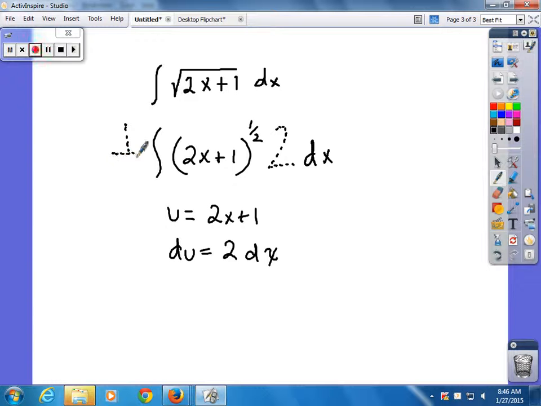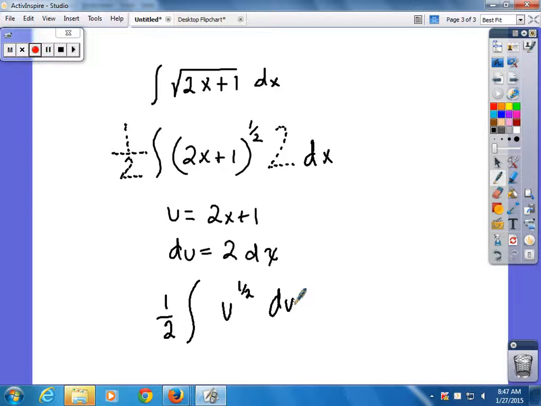Now hopefully, if you haven't had Calculus 1 in a while, you're saying to yourself, oh yeah, I remember to do that. And that's the whole point of me showing you this, just so you remember to do that one thing. So now we have 1/2 u to the 1/2 du.